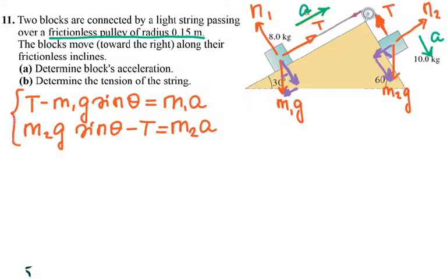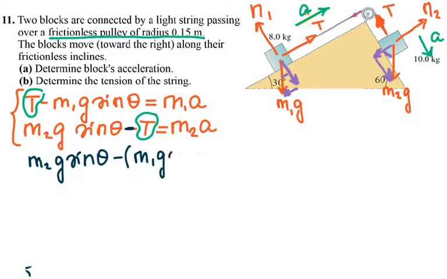So now I'm going to solve for tension, and plug it in instead of tension. So if I do this, I have m2g sine theta minus, and now wherever tension appears, the tension is equal to m1g sine theta plus m1a, and all of that is equal to m2a.